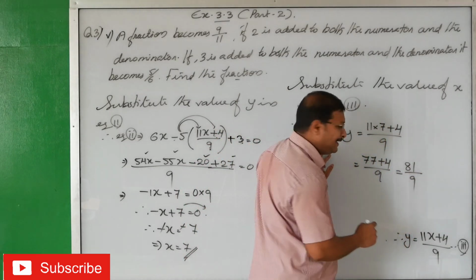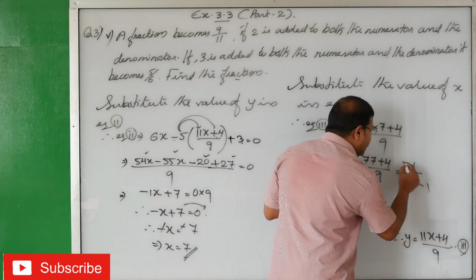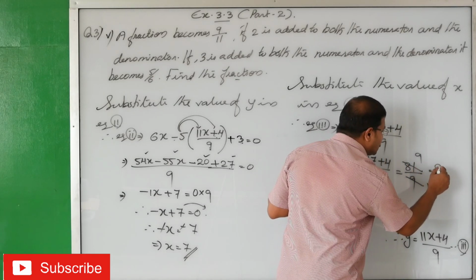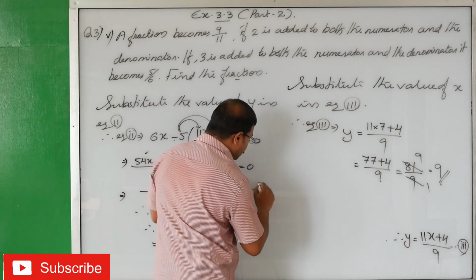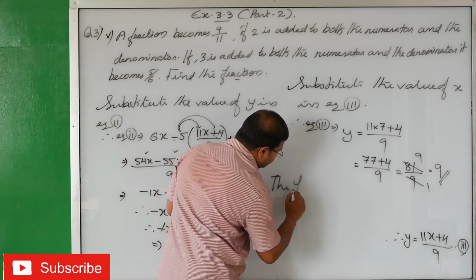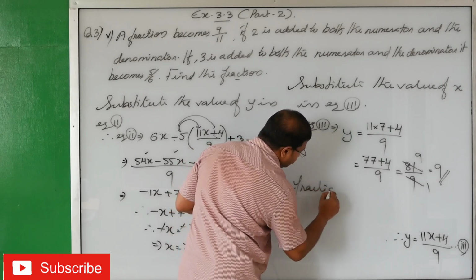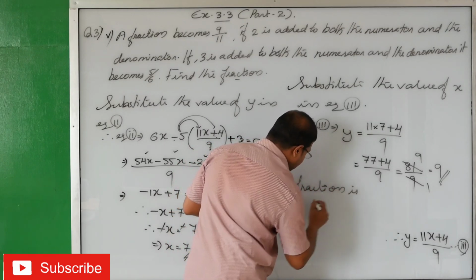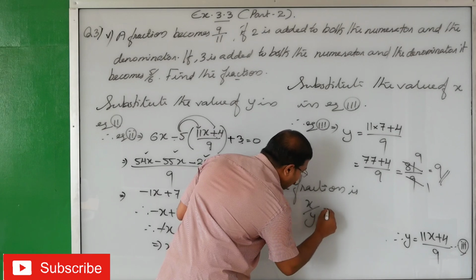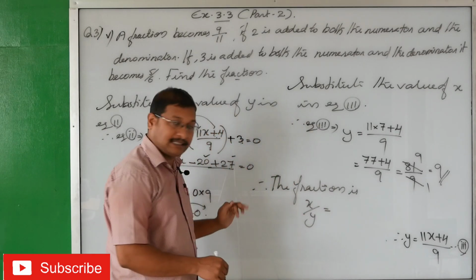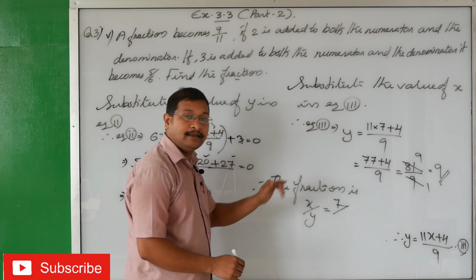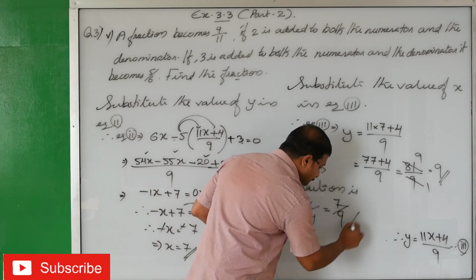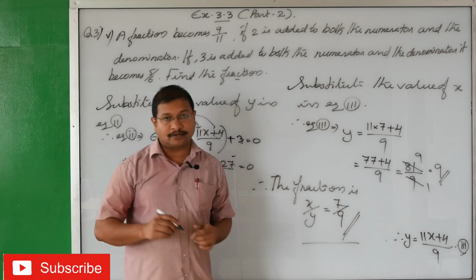We will cancel by 9. 9 1s are 9, 9 9s are 81. So the answer is 9. Therefore, the fraction is x by y equals, in place of x we will write 7 by, in place of y we will write 9. So this is the answer.